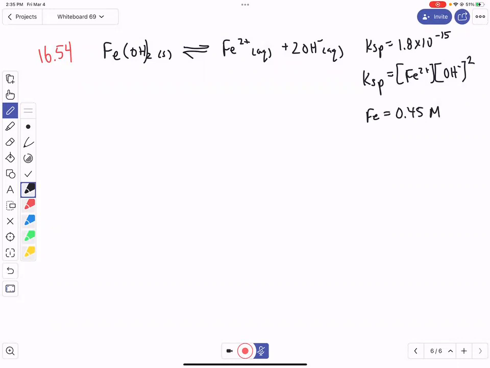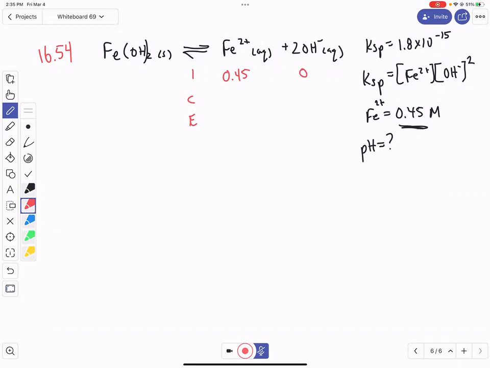So the question is basically, what pH will iron hydroxide start to precipitate from solution, given our concentration of iron(II) is 0.45 molar in solution? So we can set up our ICE table to see that. Initially, I do have a concentration of the iron, it's 0.45 molar. I've got 0 hydroxide.